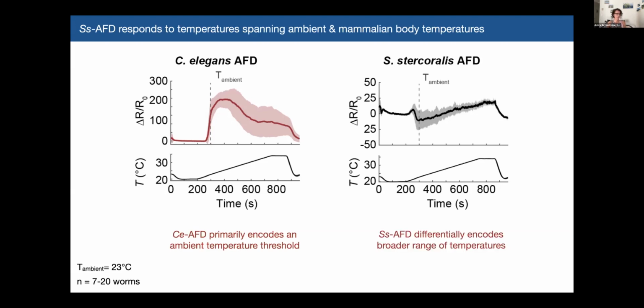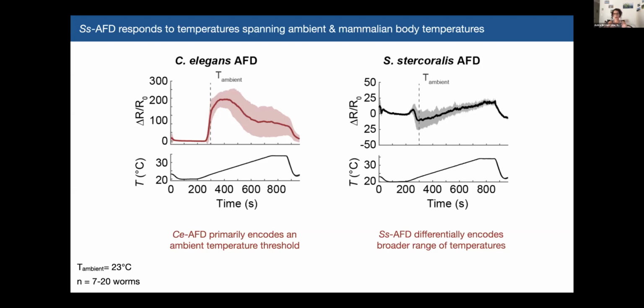In contrast, for stercoralis, we see that neuronal activity continues to increase almost linearly at temperatures above the threshold. And this suggests to us that stercoralis AFD may be tuned for encoding a broader range of temperatures than C. elegans, including human body heat.